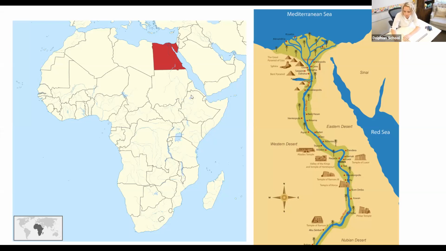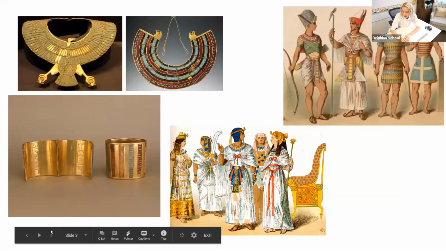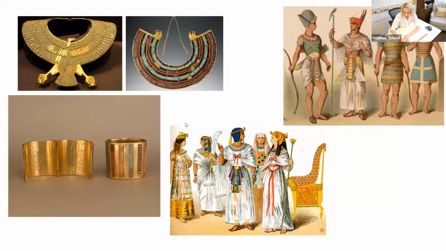And while they were living here, they spent a lot of their time farming and building some very interesting monuments and buildings for their kings. And their kings were called pharaohs. So they had kings that were pharaohs, and they were the almighty. They ruled the land. And the people believed that they were gods themselves, pretty much.